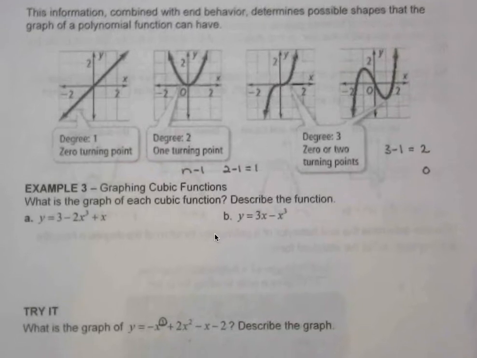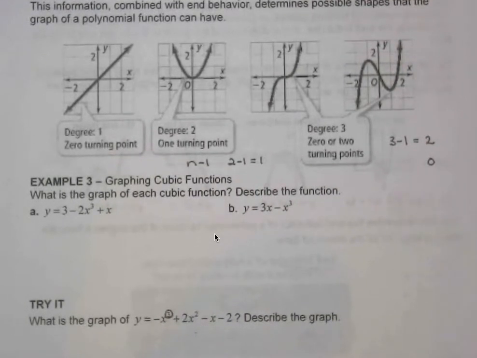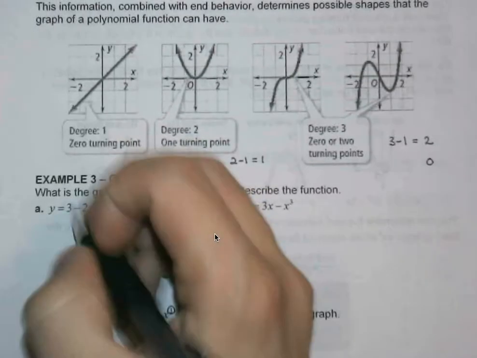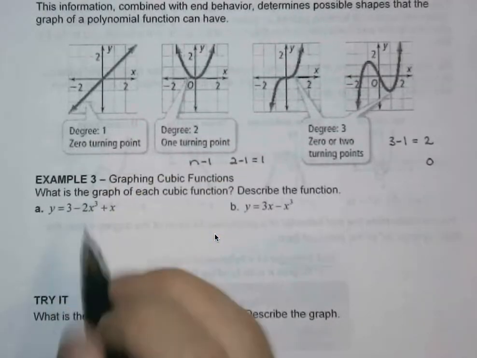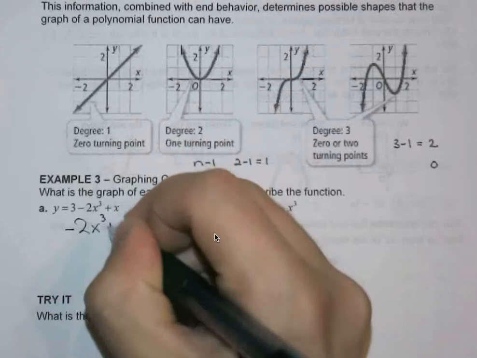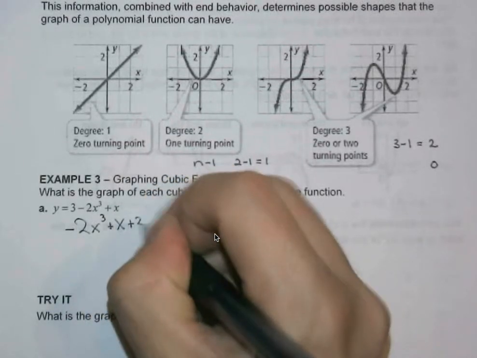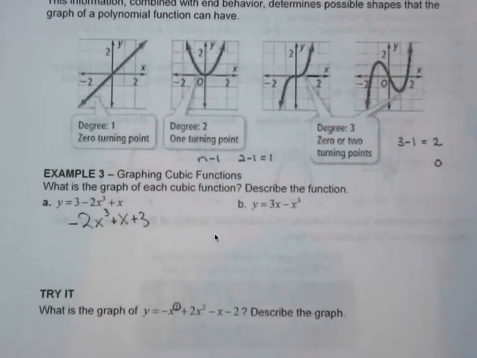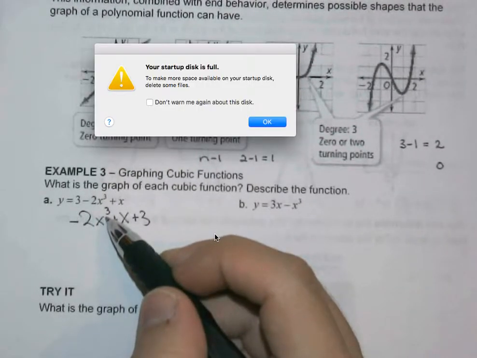As far as describing what's going to happen with these, we're talking about, well, the very first, again, leading term. So if we rewrite this to negative 2x cubed plus x plus 3, we know that our leading term is going to be 3 for the exponent.